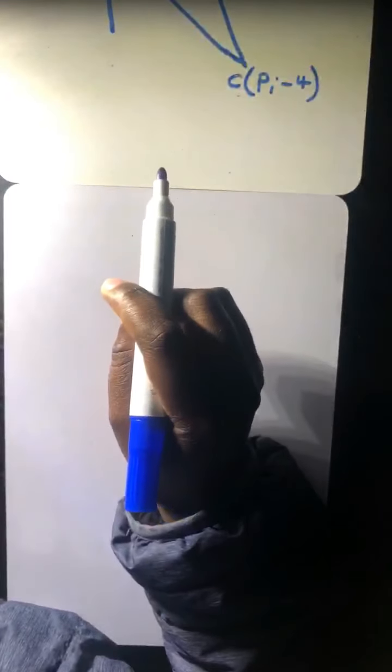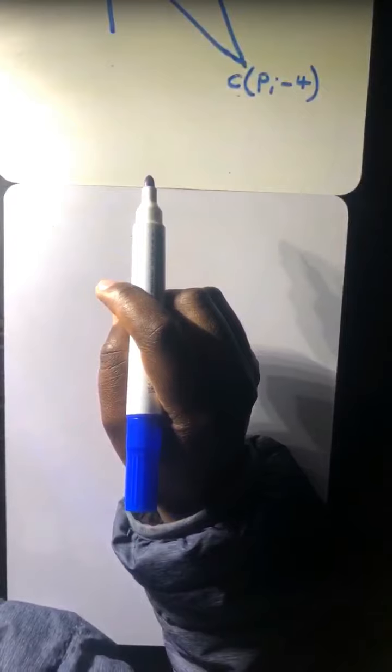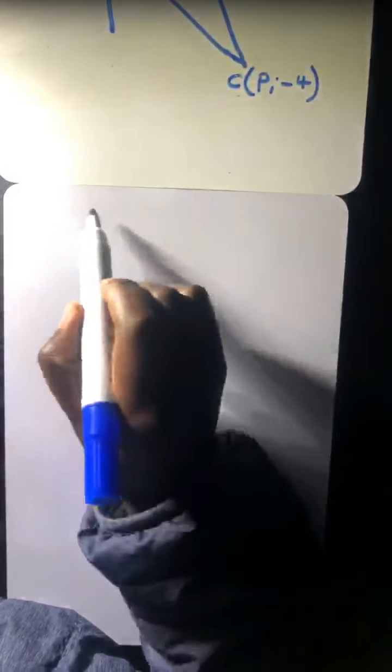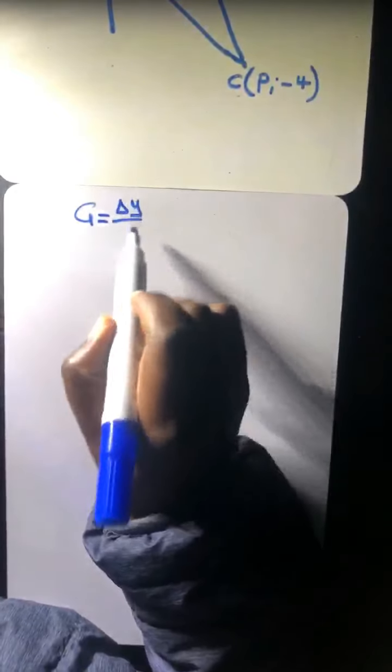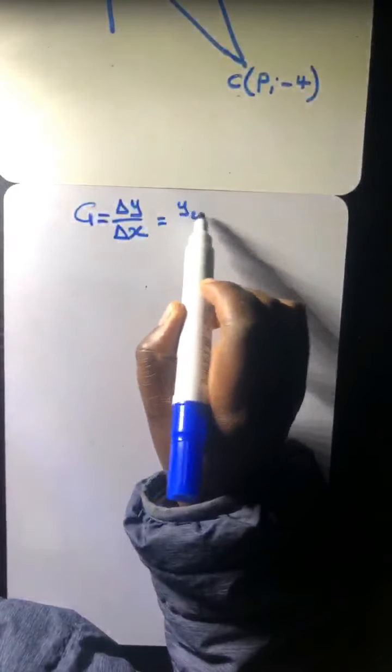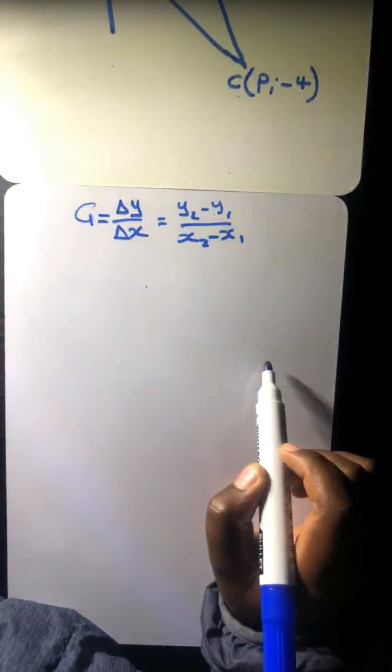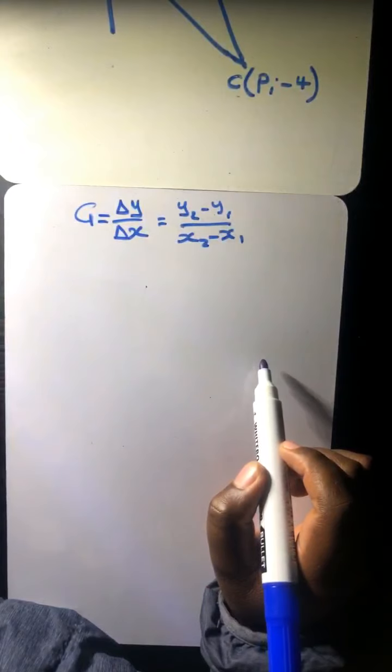When the question says determine the gradient, ask yourself this question: what do you know about the gradient? We know very well that the gradient is equal to change in y over change in x. This is actually equal to y2 minus y1 over x2 minus x1. With analytical geometry, it doesn't end there.